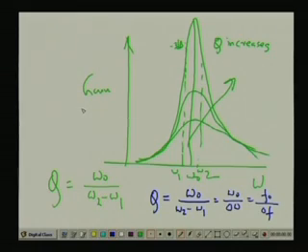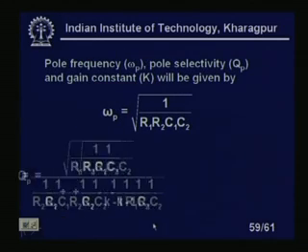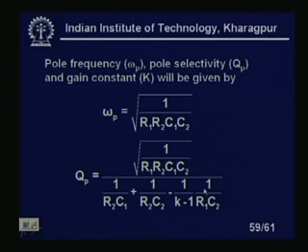That is our requirement, but how will I achieve that in actual circuits? I can achieve it only if I have a structure like that. You see here, this term minus 1 upon k minus 1 by R1 C2. Let us look at the expression of Q. You see this is the subtractive term.